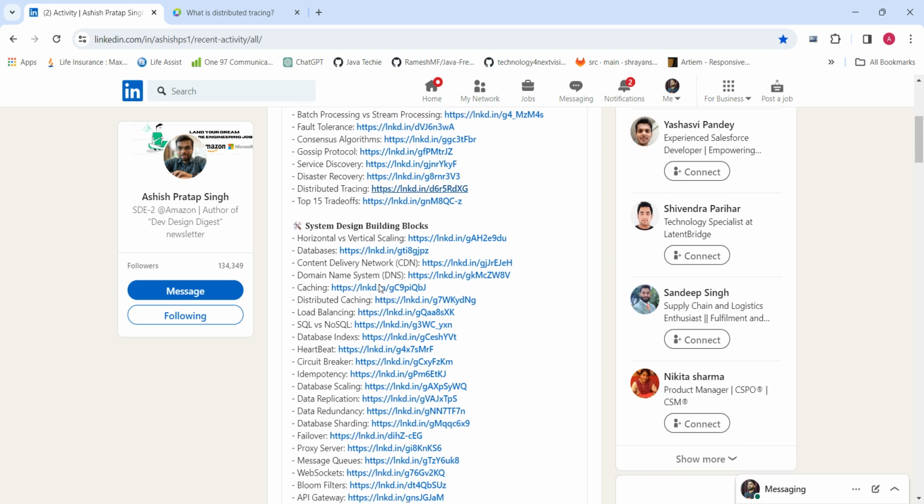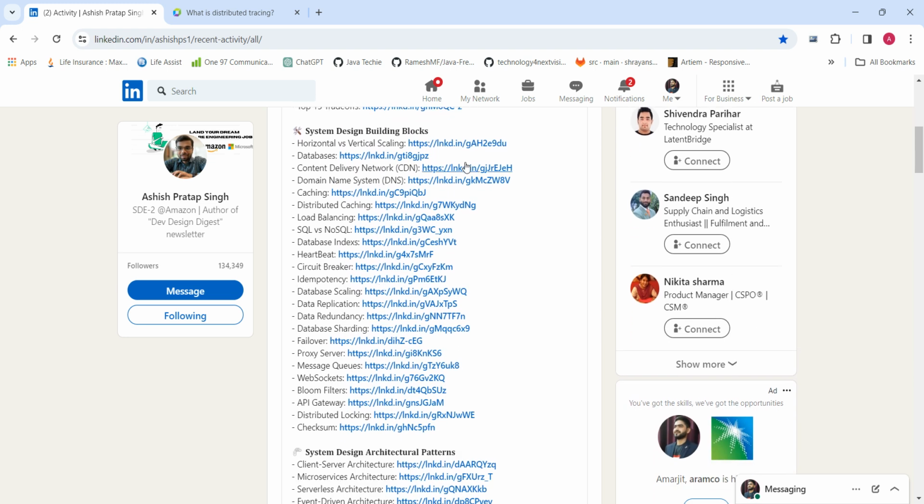Coming to the system design building blocks, we have horizontal scaling, vertical scaling, database, then CDN, DNS, cache or distributed caches, load balancers, NoSQL, SQL, database index, heartbeat, circuit breaker, idempotency, data scaling, data replication, data redundancy, data sorting, failover, proxy, message queue, WebSocket and Bloom filters, API, distributed checksum.